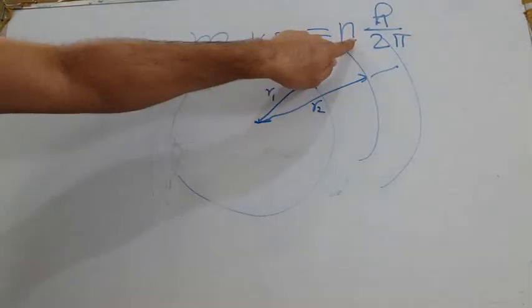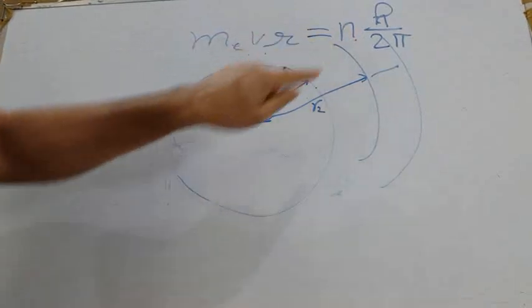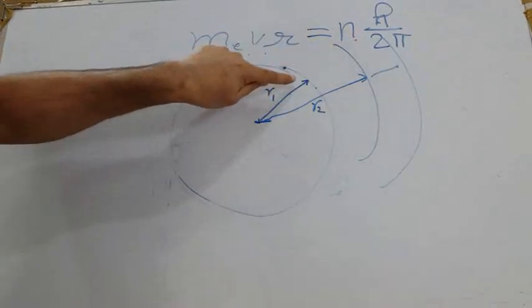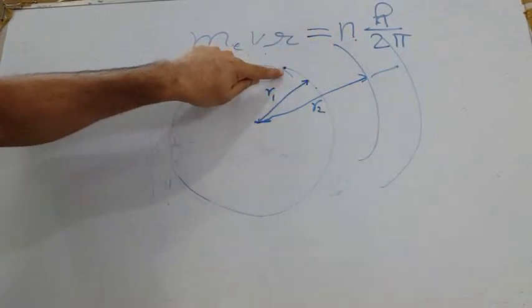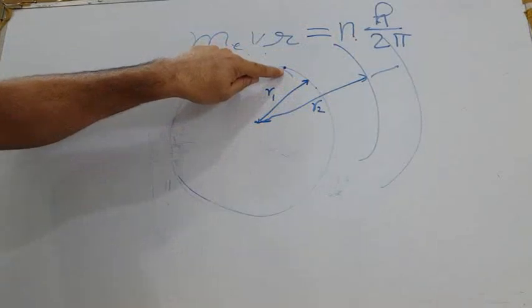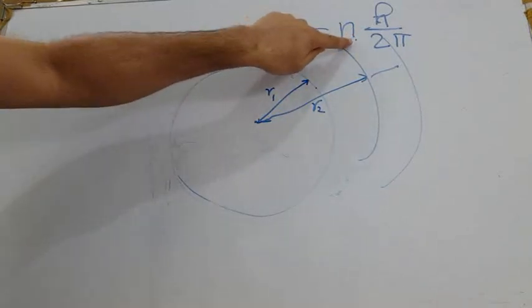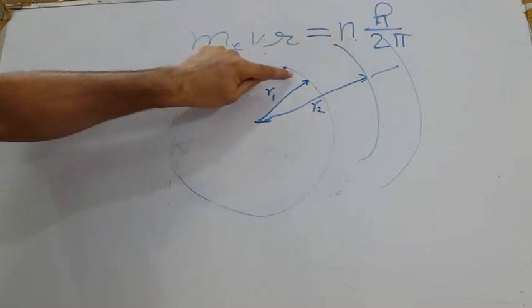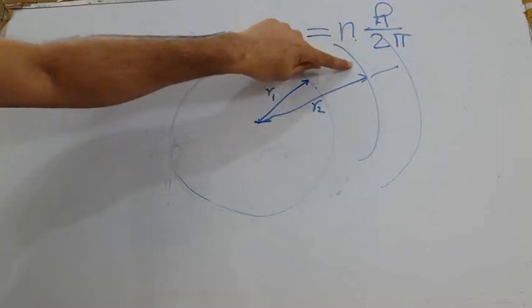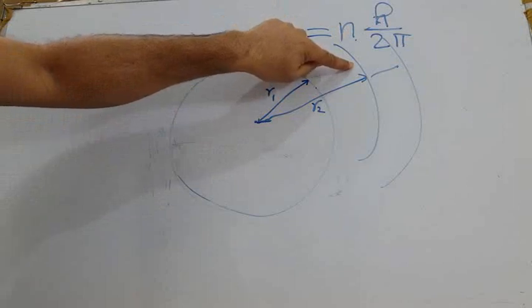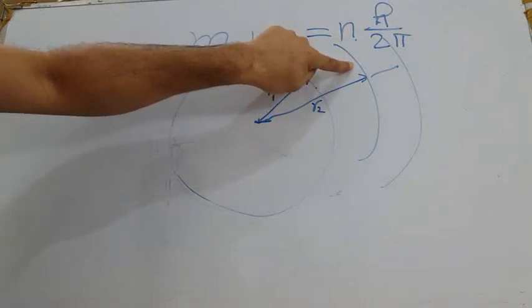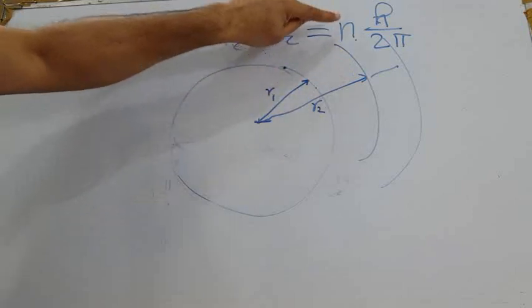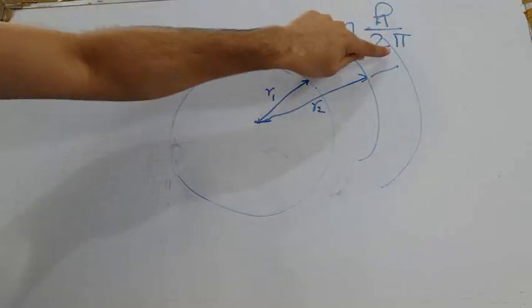Means when n is 1, then corresponding r1 would be its path, and if it is 2, then the electron would go to that orbit where its angular momentum is 2 into h upon 2 pi.